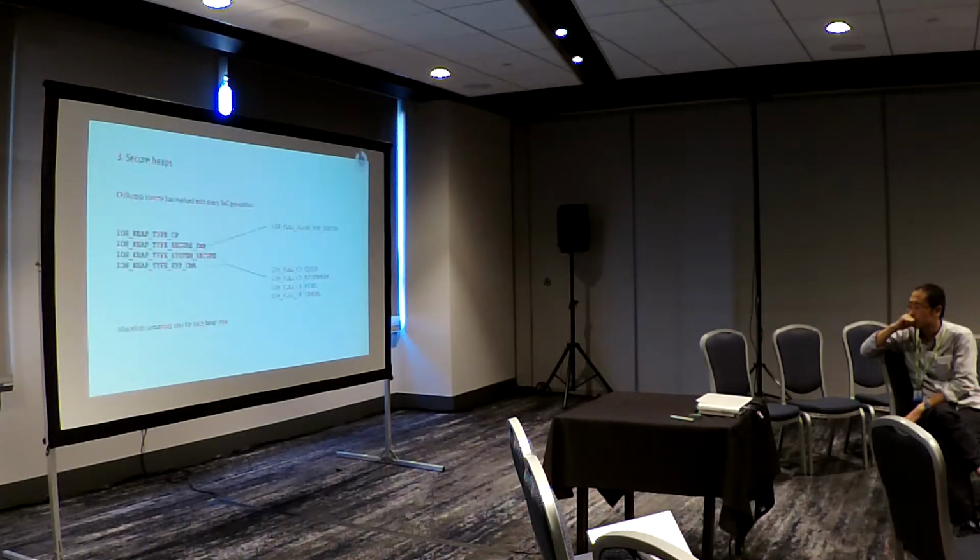The challenge with the secure heaps is that the semantics vary. There's one flag for this, and we need to pass a hint to the allocation IOCTL to specify what the masters in the pipeline are that are going to use this buffer.